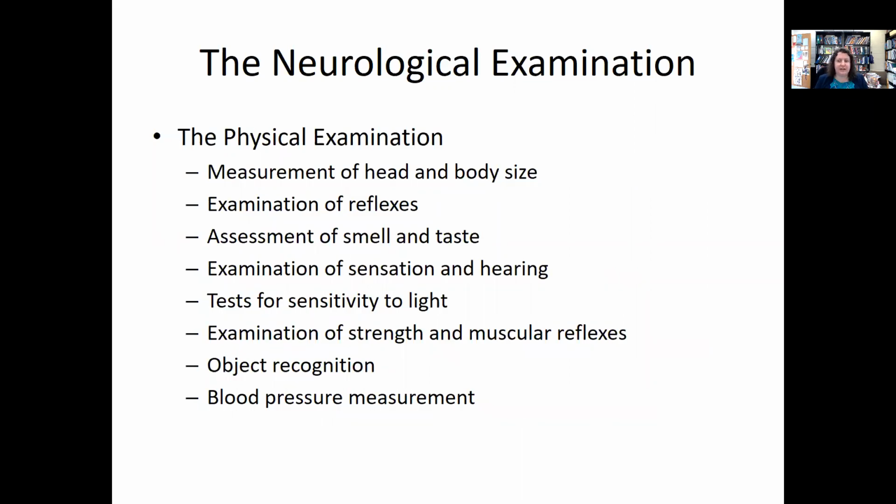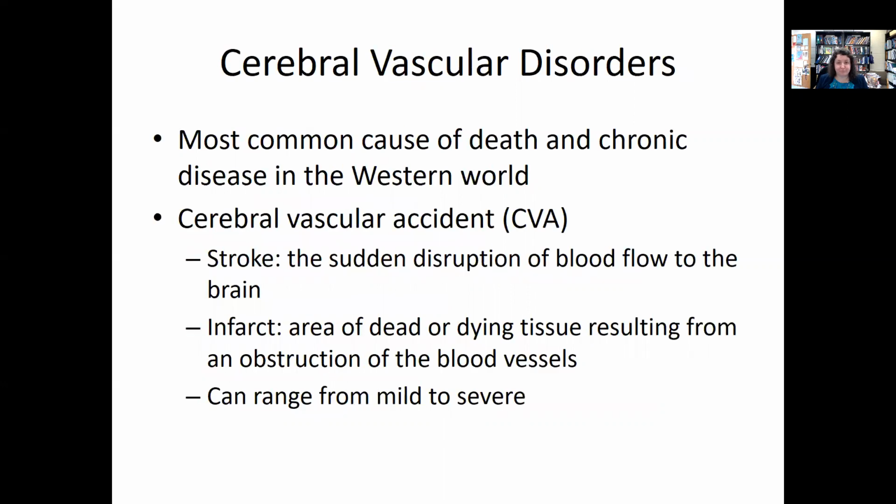The physical examination, they'll look at things like reflexes, assessing the different sensations, sensitivity for light, object recognition, blood pressure, all the normal things a doctor would do as well. And then on my team, I also took them aside and did some basic psychological and neuropsychological testing.